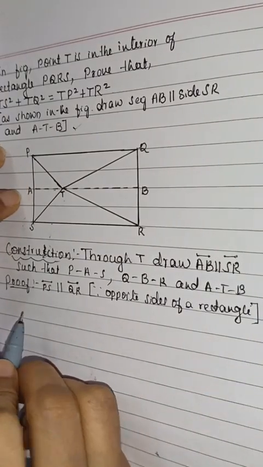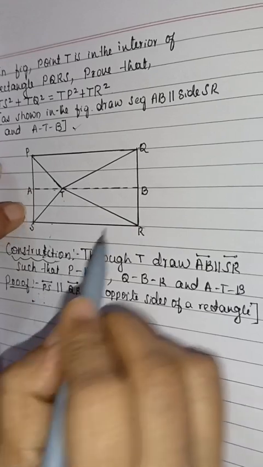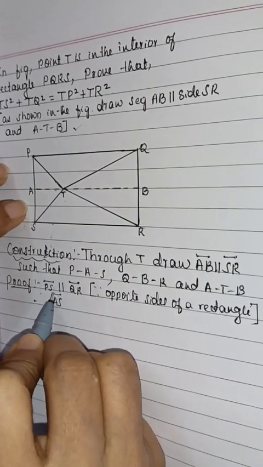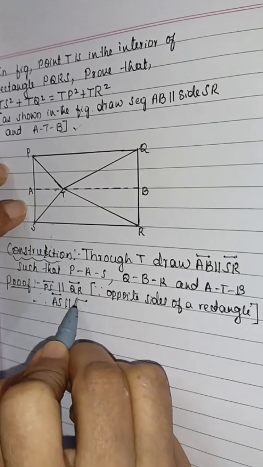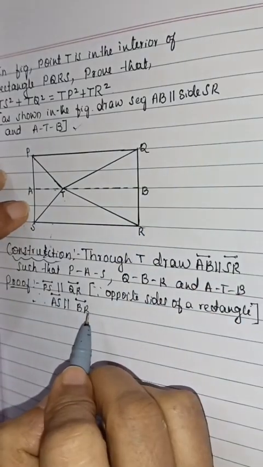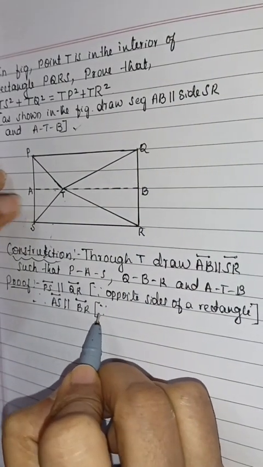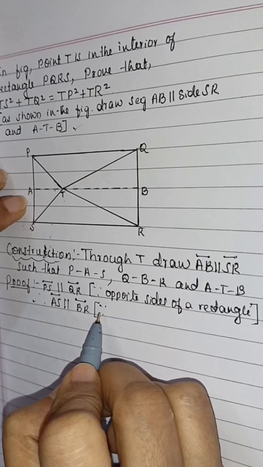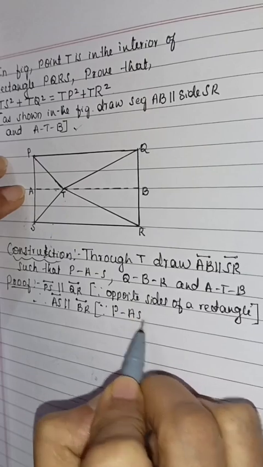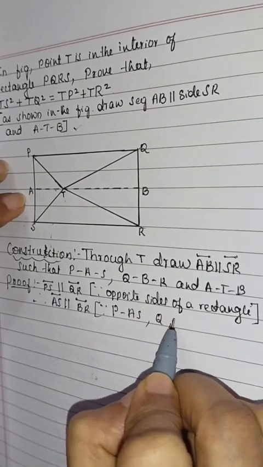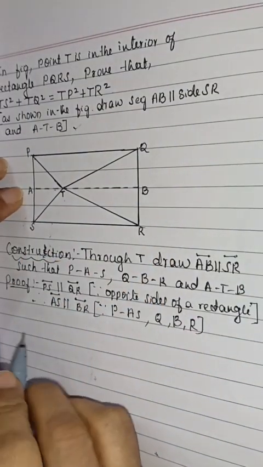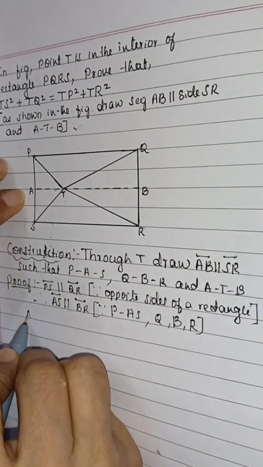Therefore, segment AS is parallel to segment BR. This is because P, A, S and Q, B, R are collinear points.